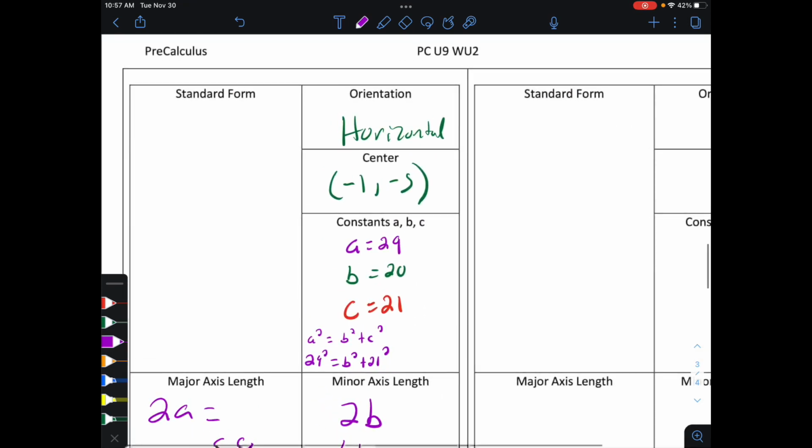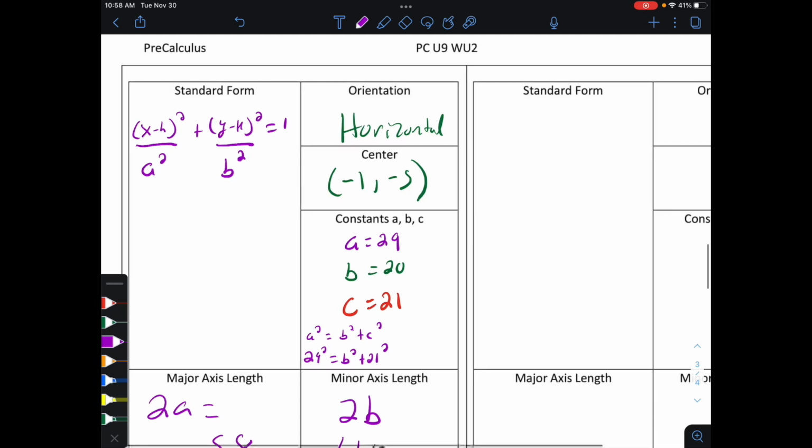Standard form for an ellipse stretched along the horizontal, x minus h squared over a squared plus y minus k squared over b squared is equal to 1. If you're stretched horizontally, x gets the denominator of a squared, y gets the denominator of b squared. So I just plug everything in. h and k are the x and the y values of the center.